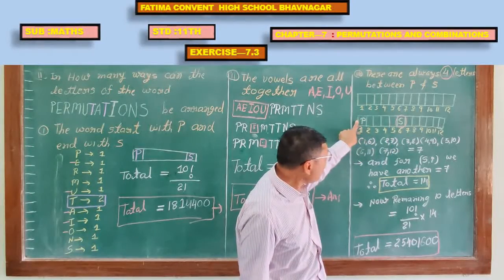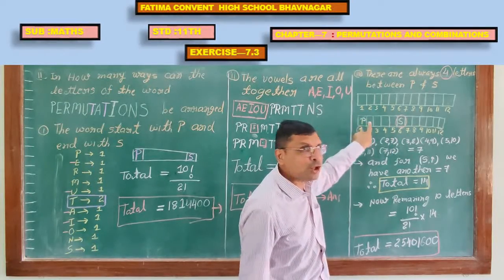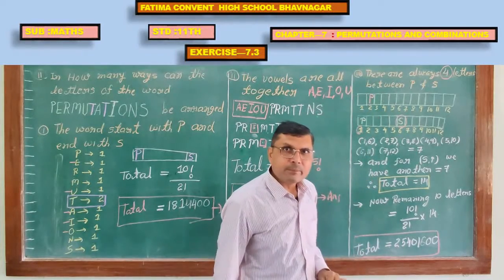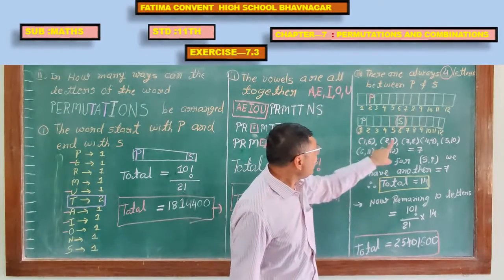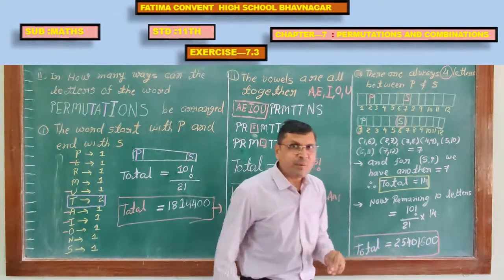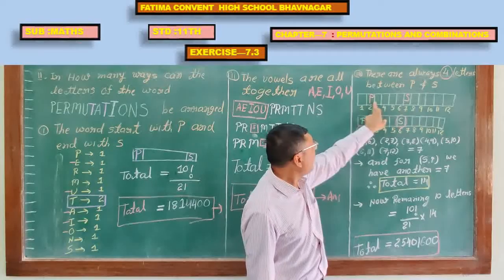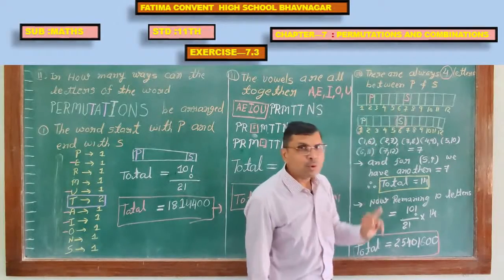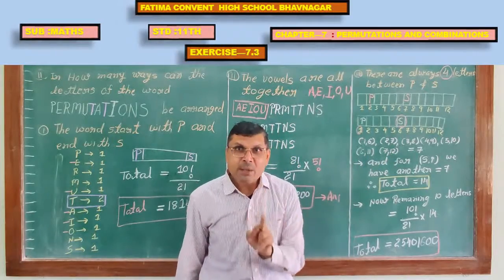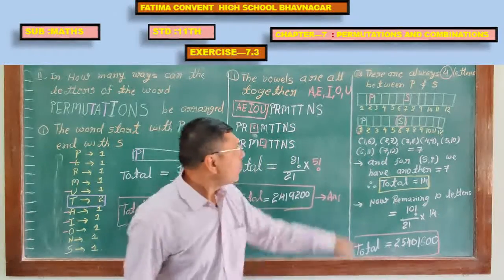Now if I shift my P to the second position, say suppose here, then automatically this S will shift over here. That you can understand very well. You can see once again 4: 1, 2, 3, 4. So second position is 2, 7. I repeat. Alright.